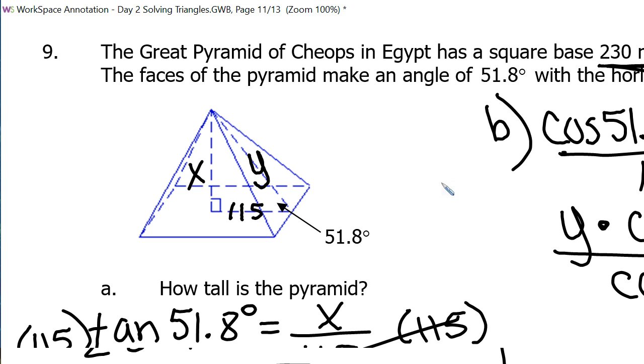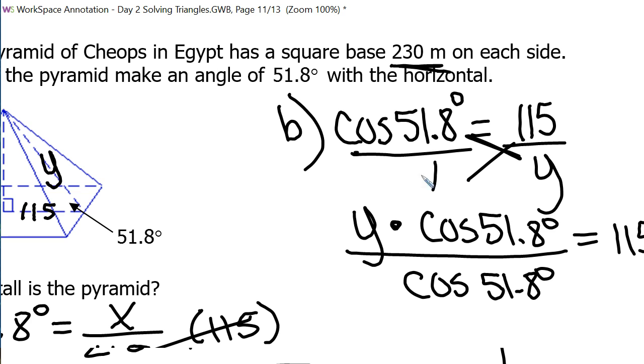Divide both sides by cosine of 51.8 degrees. And what is y to the nearest tenth? 186.0. Yep. And the units would be meters. So 186 meters.